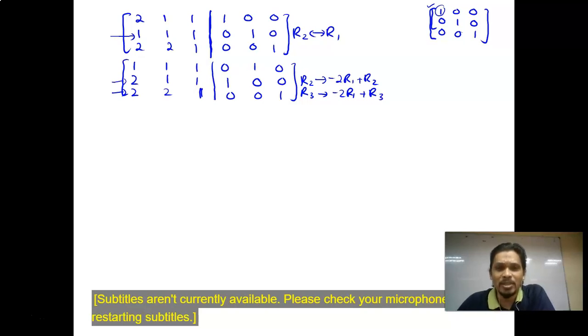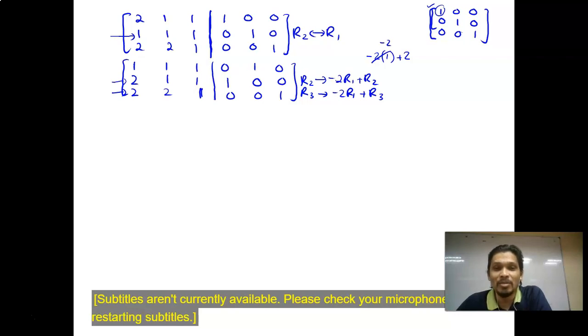Okay, let's double check. Negative 2 times R1. What is the element in row number 1? Here, 1. So negative 2 times R1, 1 here, plus with R2, and the element in R2, which is 2 here. So negative 2 plus 2 equal to 0.